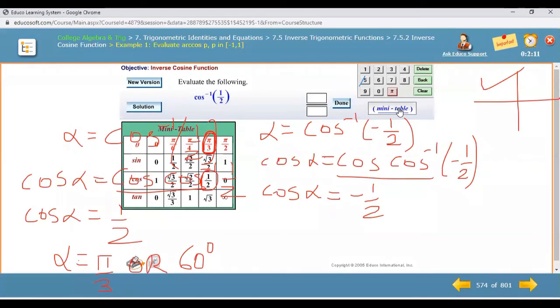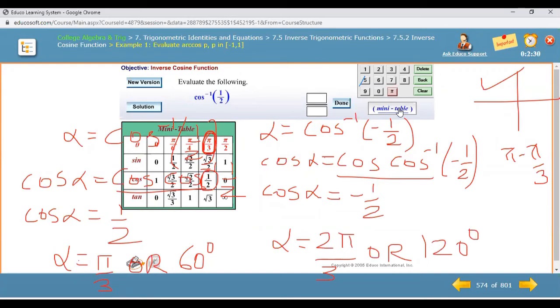So it will be 180, or let's use pi, pi minus pi over 3, that is actually 2 pi over 3. Alpha is 2 pi over 3, or alpha is 120 degrees. This thing is important.